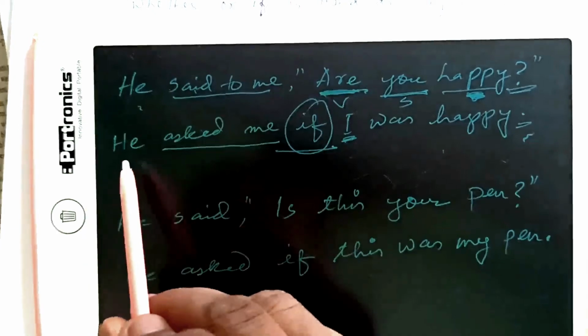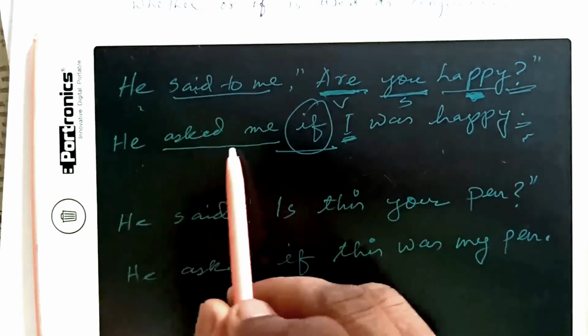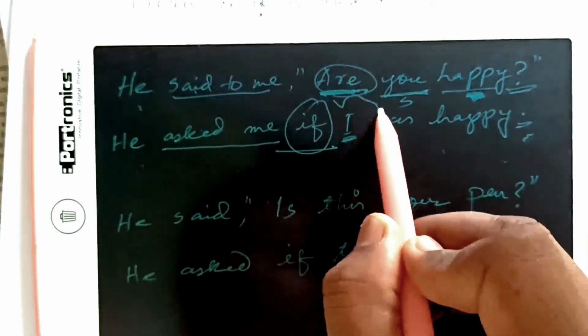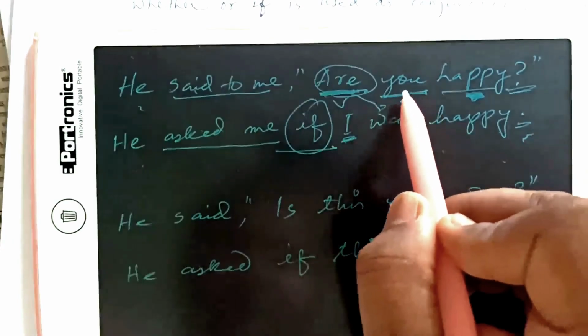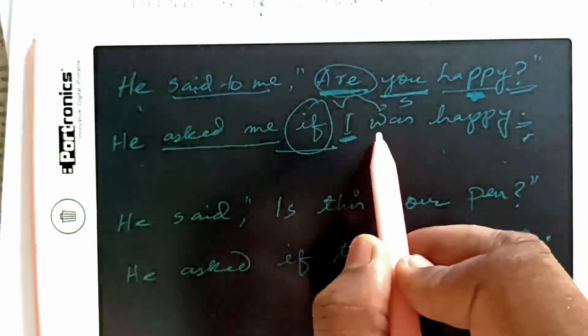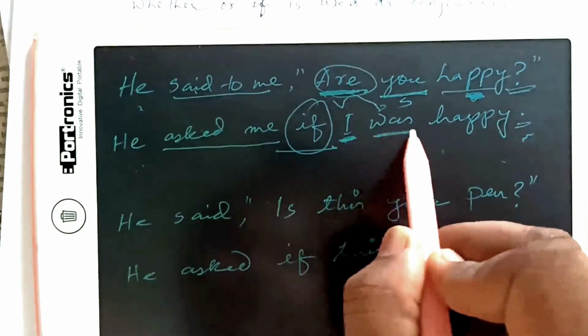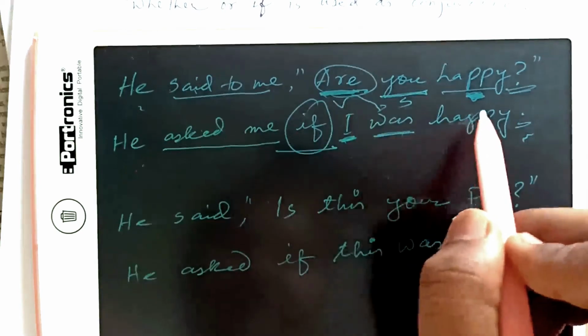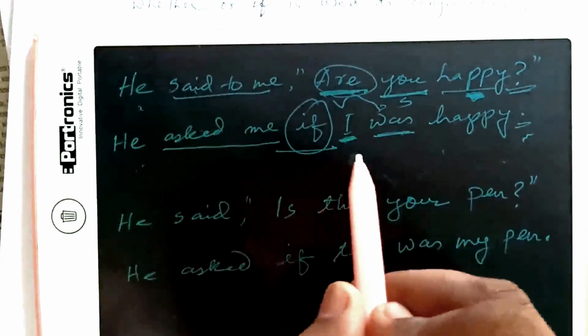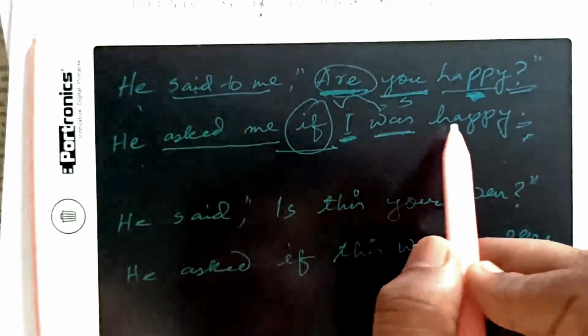So what we can see is: he asked me if I was happy. Now this "was" will come after "I". We first use "if", then "I", and then we use "was" after that, then "happy" comes. So, he asked me if I was happy.